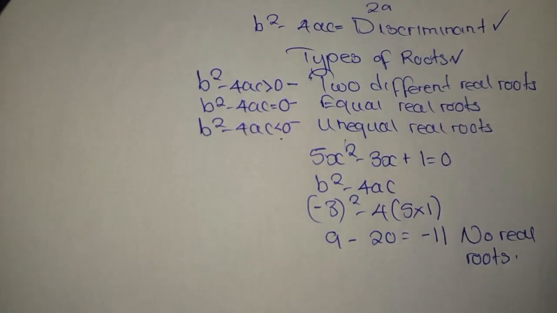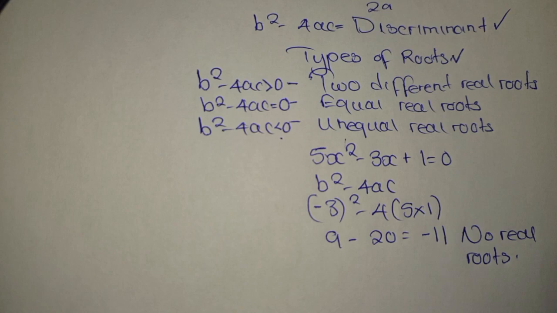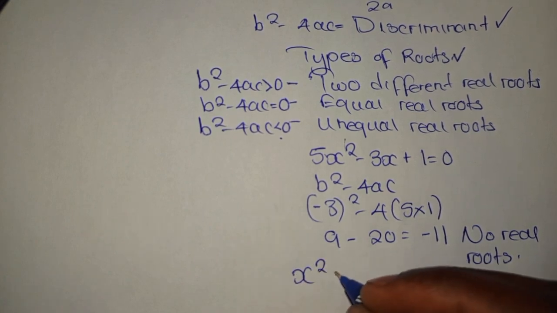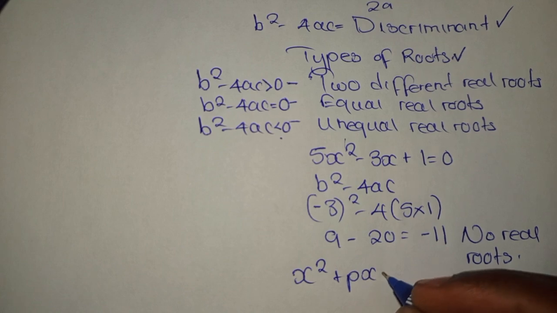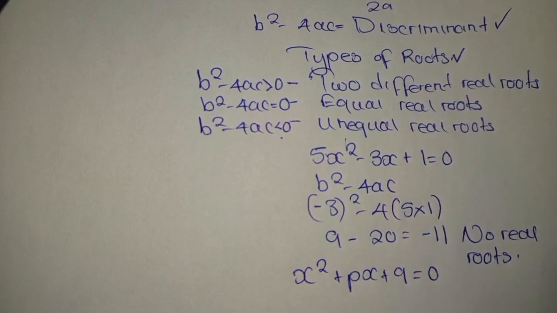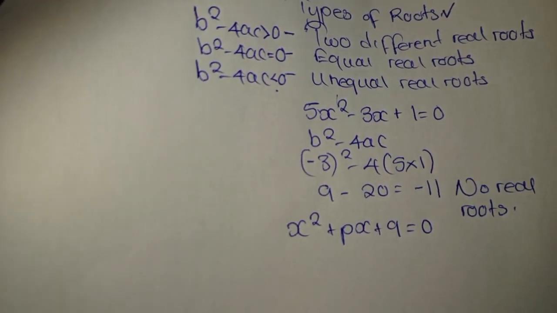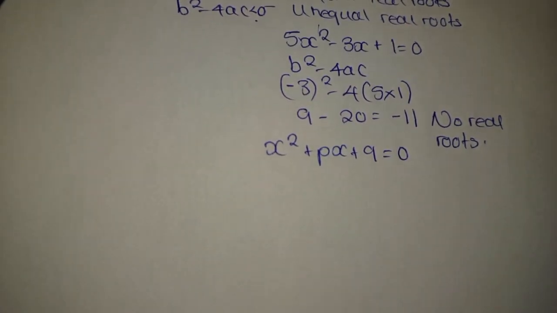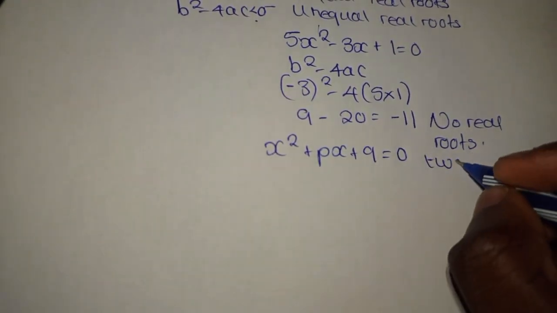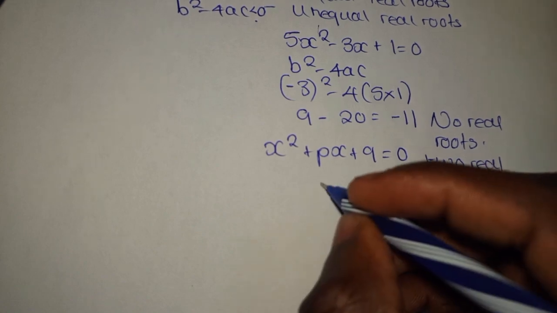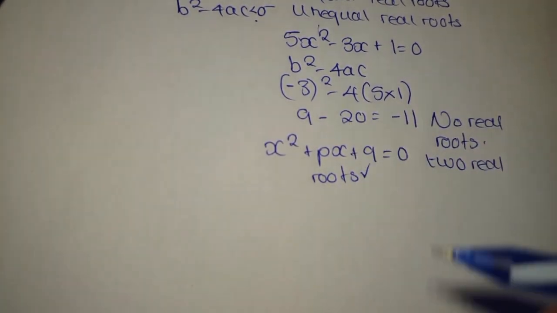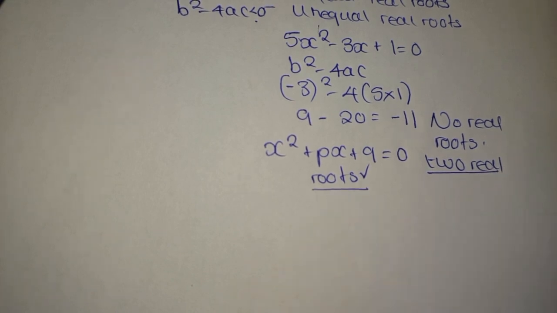The other equation that we can get here is x squared plus px plus 9 being equal to 0. I ask: for what values of p will the equation have two real roots? So how do you solve this? This is already a clue on its own: two real roots.